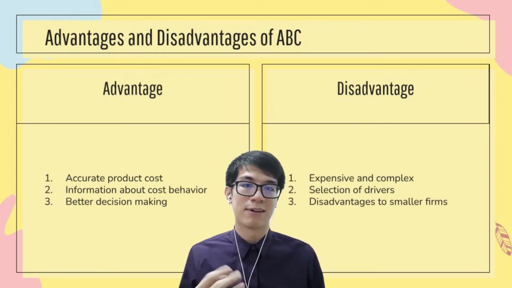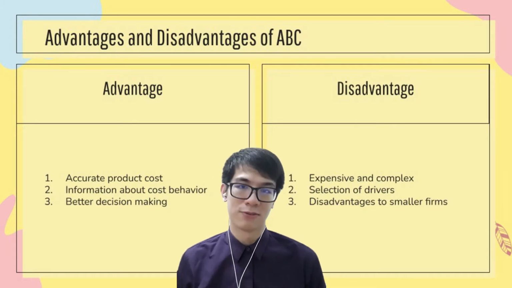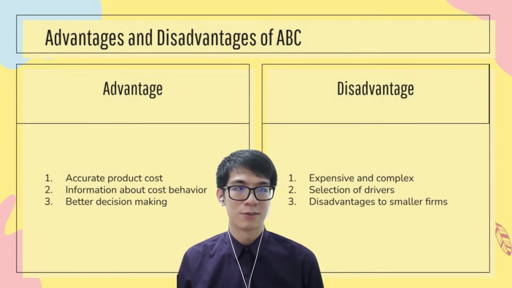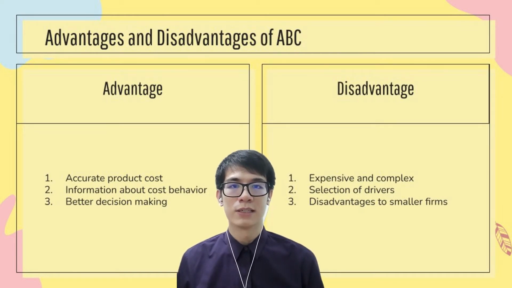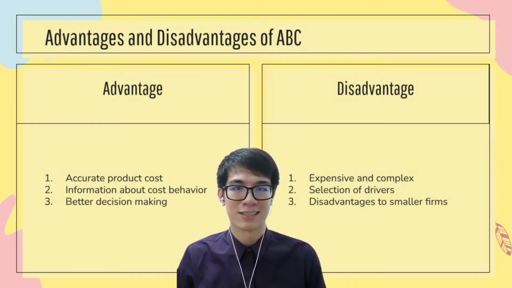The third disadvantage is the disadvantage to smaller firms. Well, this is because ABC is most suitable to large manufacturing companies, because it has different utility levels and it's for different types of organization.